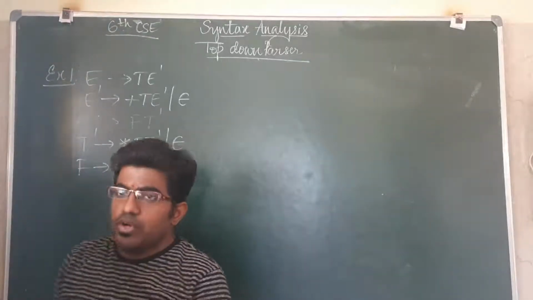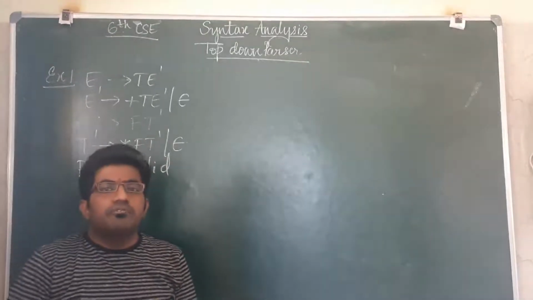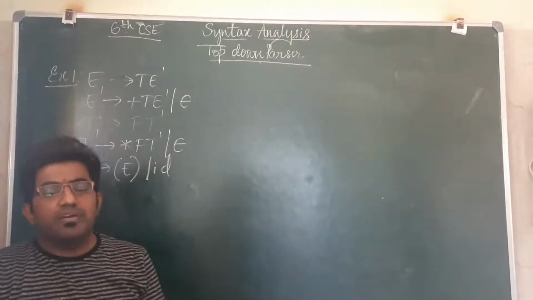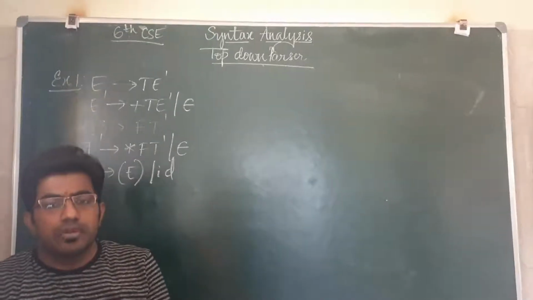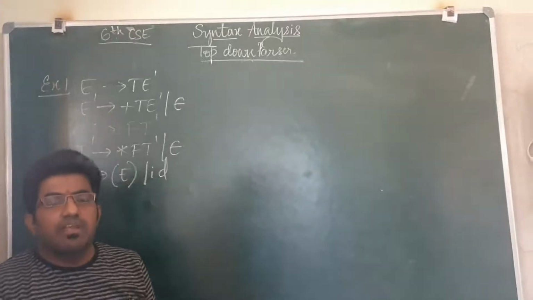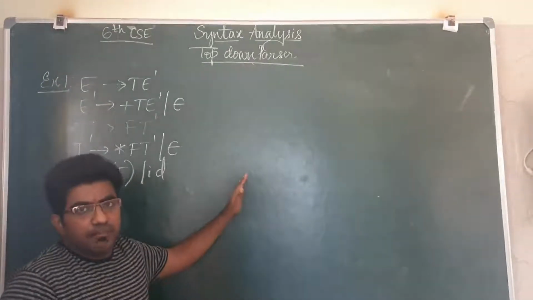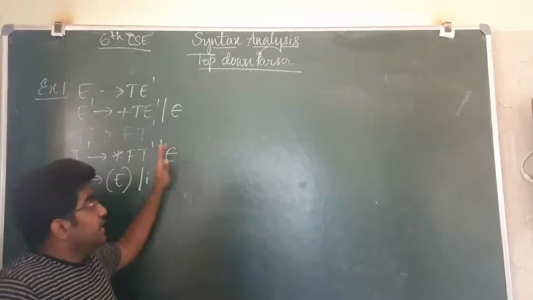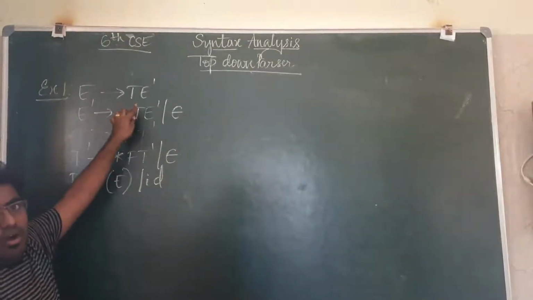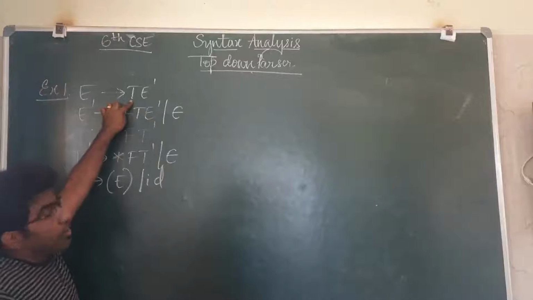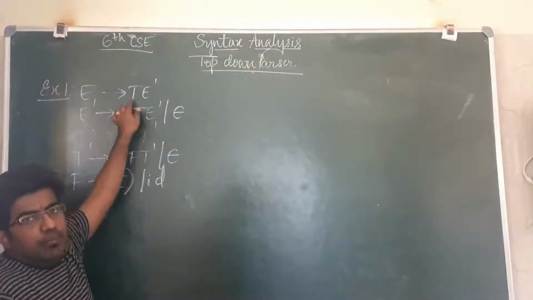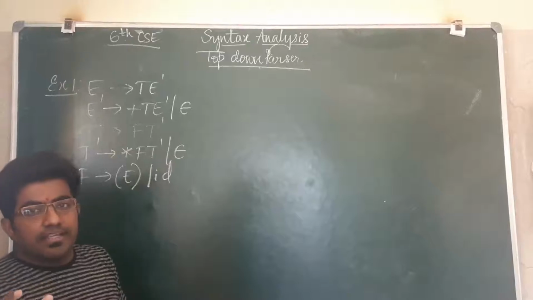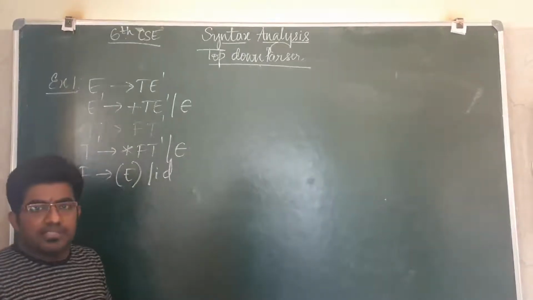See, what do you mean by first and follow? First is a function which is a set of terminals, the terminals present at the start of the RHS in each production. Both first and follow are computed for non-terminals.